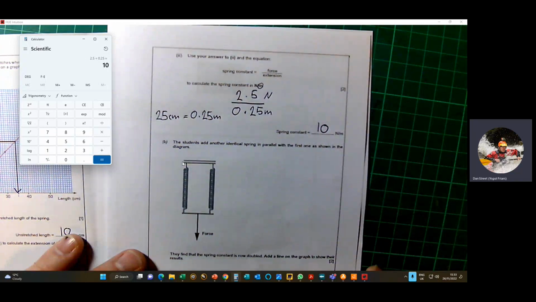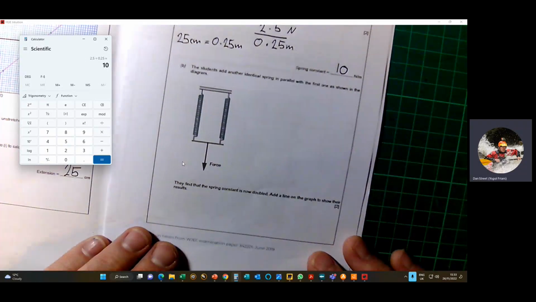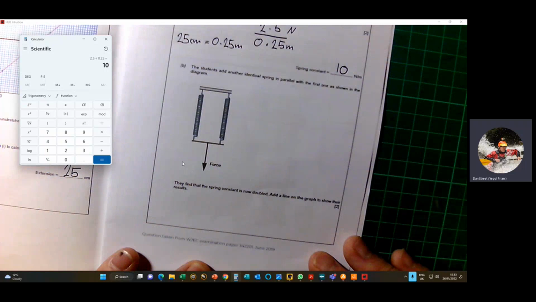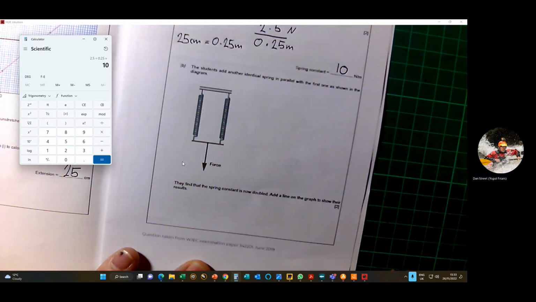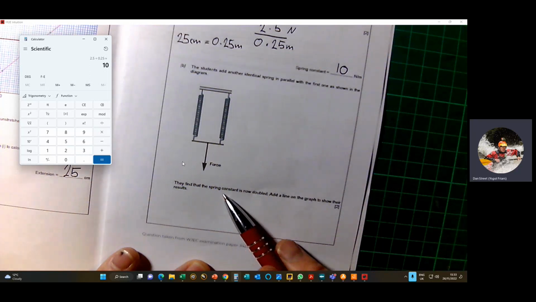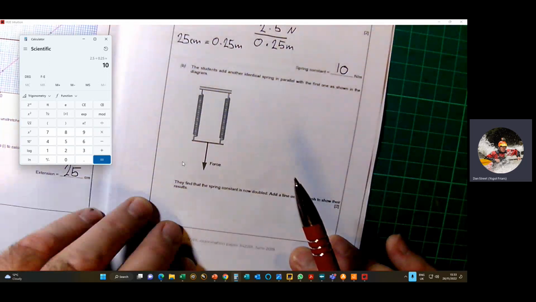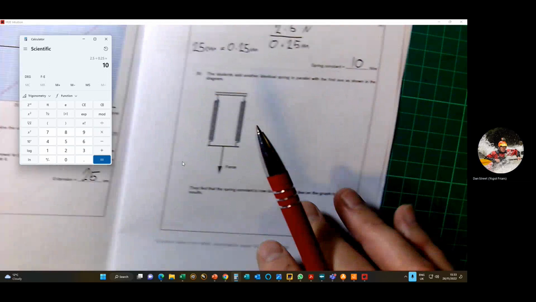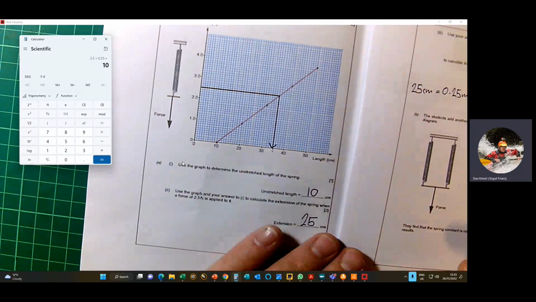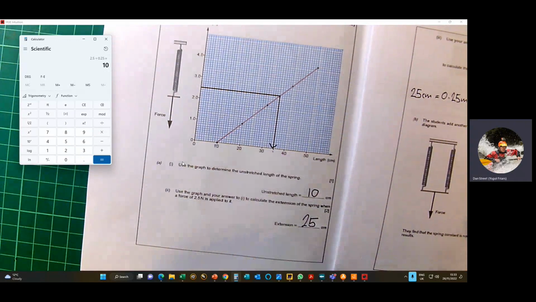Now, next question says the student adds another identical spring in parallel with the first one as shown in the diagram. They find that the spring constant is now doubled. Add a line on the graph to show their results. So if the spring constant is doubled, then for the same force you would get half the extension.